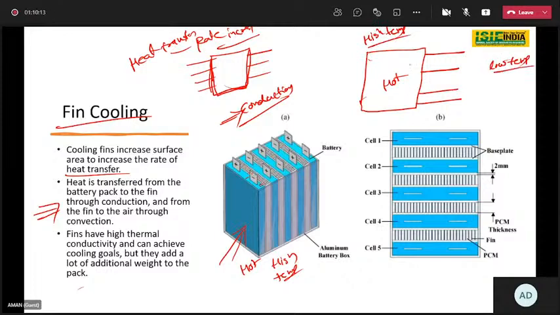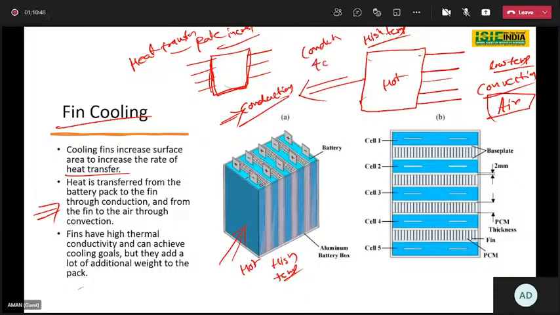Due to the temperature difference, the temperature will flow in this direction, and the conduction process is taking place. But here air comes into the picture. This air will take some part of the temperature that is flowing, so convection comes into action. Due to the conduction and convection, this process is happening and this overall cooling effect is there.